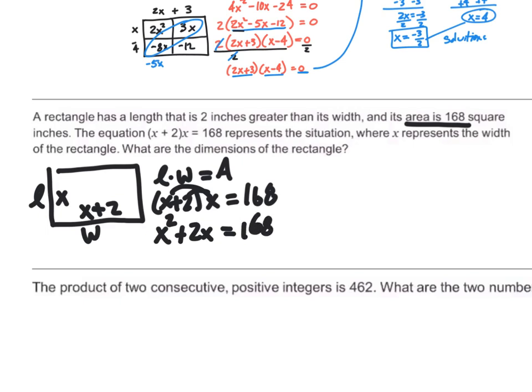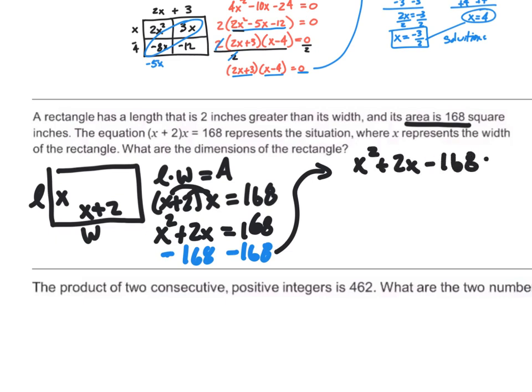Then I'm going to subtract 168 from both sides. So then what I get as a result is x squared plus 2x minus 168 is equal to 0. Now the question is I need two numbers that multiply to negative 168 and add to 2.